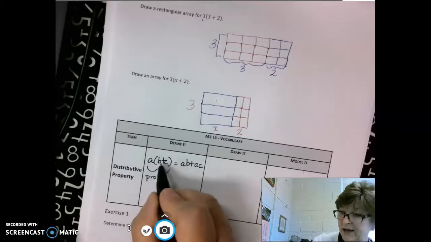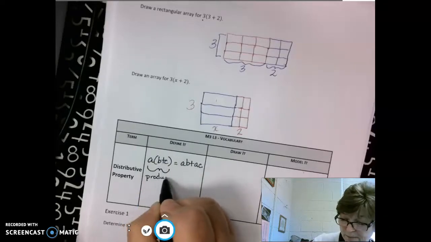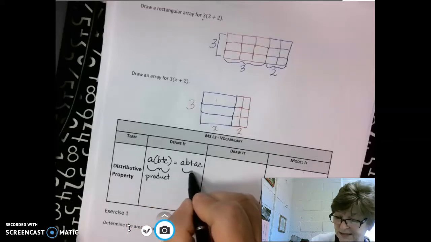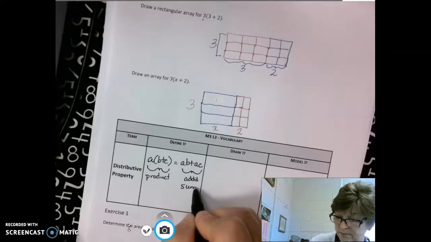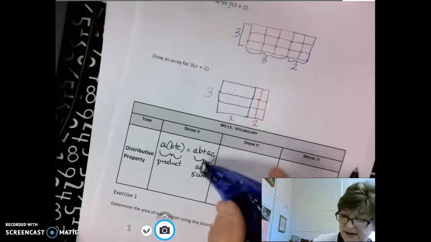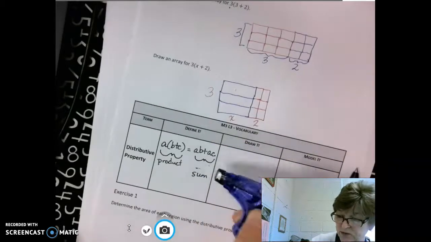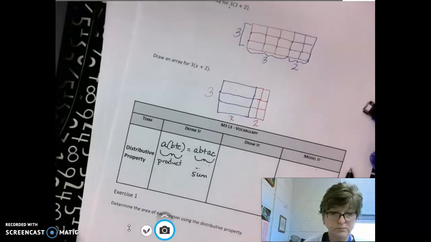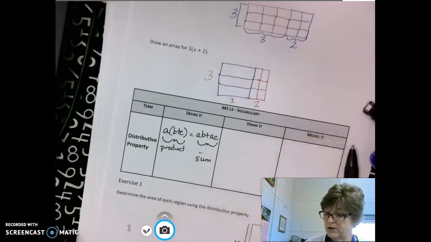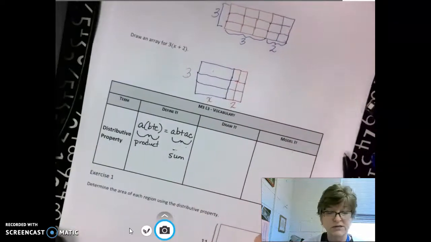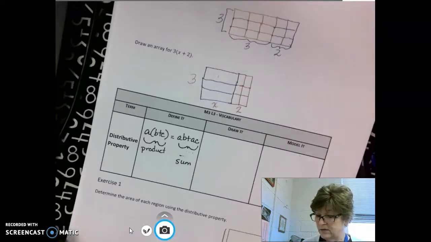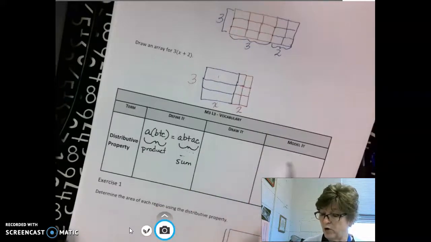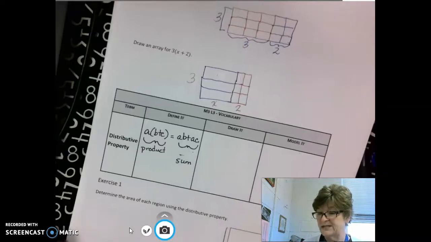It's A times that grouping. But this is an addition problem, which gives it a sum. So we're finding a sum of this one, and in this one we're finding a product. We're not going to worry too much about the drawing and the model part. We're going to be doing several of these in the next sections.